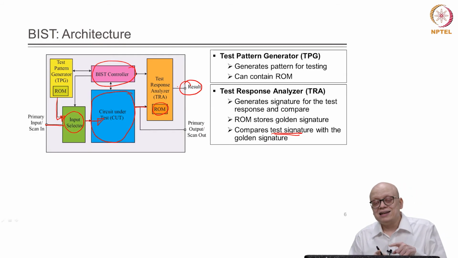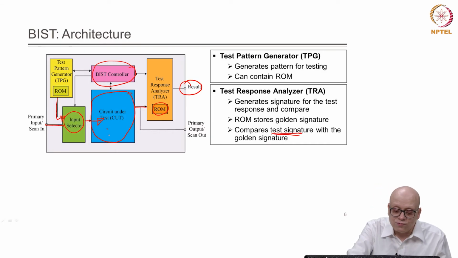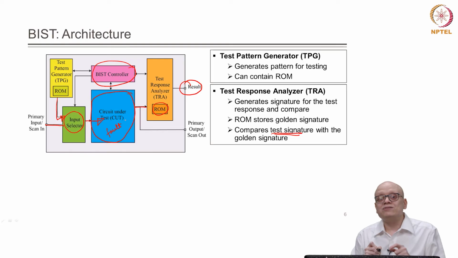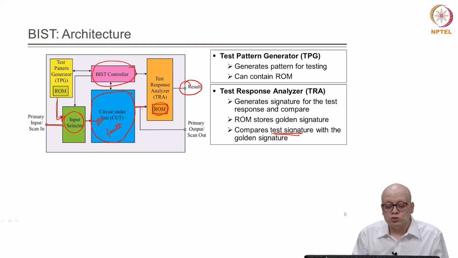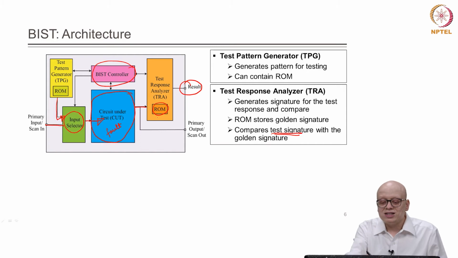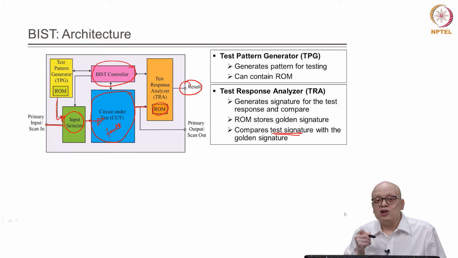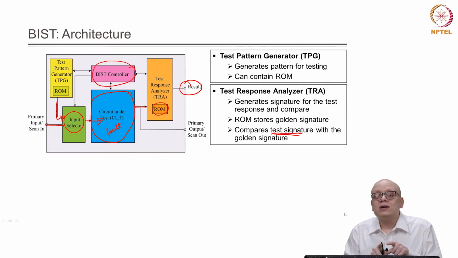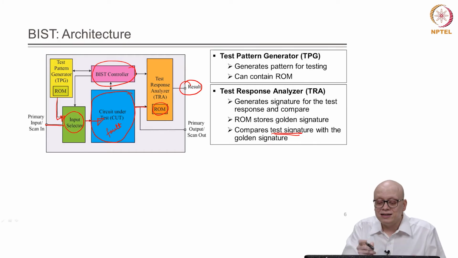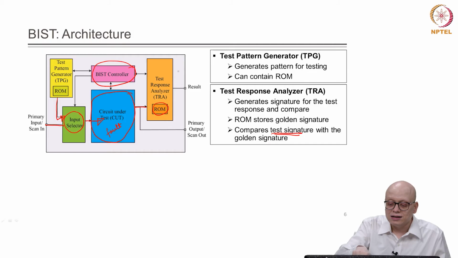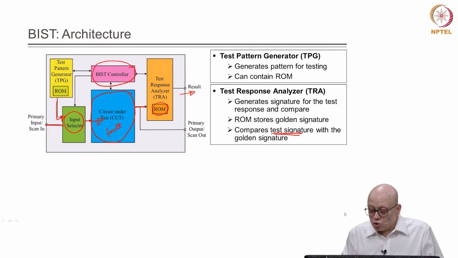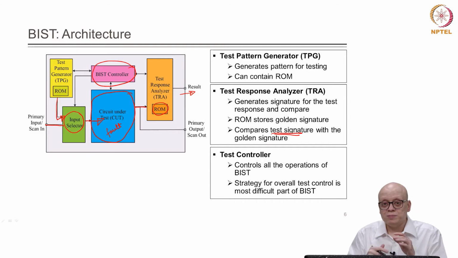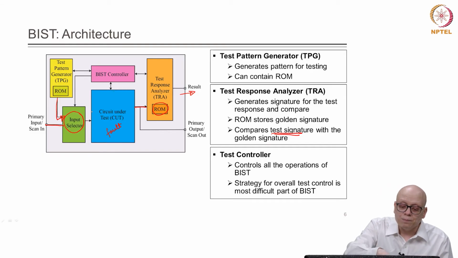And in case the CUT was having some fault, then the signature derived for the sequences produced by the CUT is expected not to match the golden signature stored in the ROM, and in that case the fault in the CUT has been detected, and that output will be produced at the result. All these operations of the BIST based testing are controlled by the BIST controller.